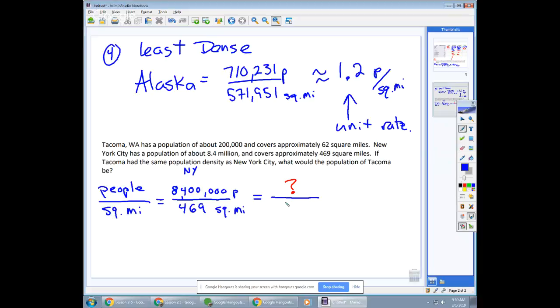So the denominator is going to be 62 square miles for Tacoma. And remember, to solve a proportion, you cross multiply and divide. So I would want to multiply the 62 by the 8 million and then divide by the 469. I'm going to have to get my calculator for help on that.